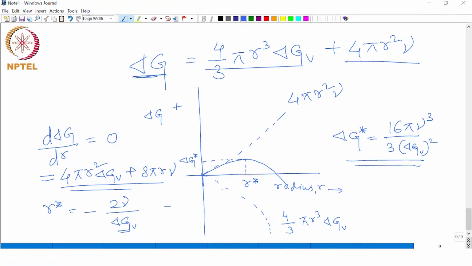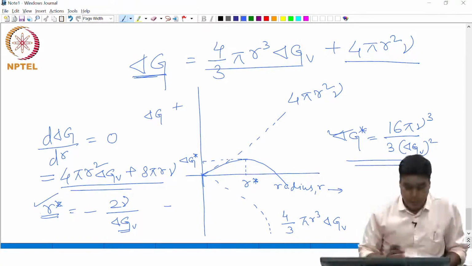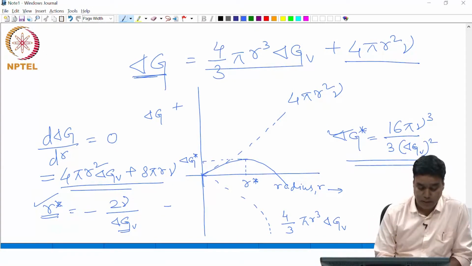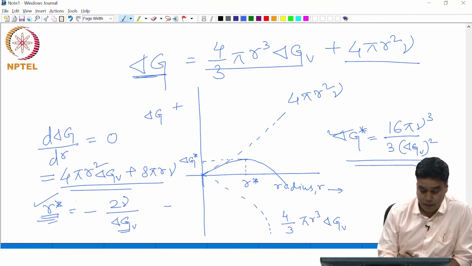Okay. So, these are the critical values, one for the size of the nucleus and one for the free energy change. Okay. So, as the nucleus attains this size, it will become stable in the liquid, and more atoms will diffuse to the nucleus and it will grow. Okay. So, just remember this thing, this is a very critical parameter.